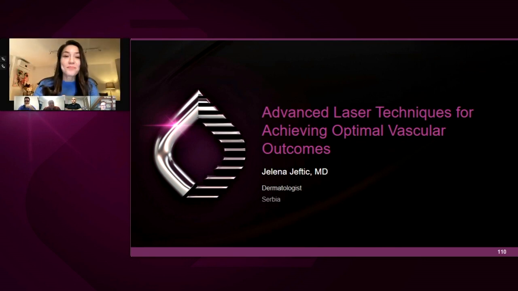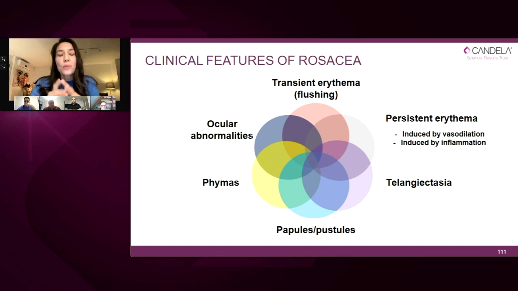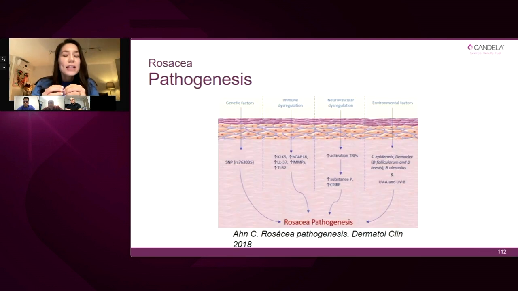So let's start from primary vascular lesions. As we know, rosacea is one of those types of primary vascular lesions, and these are some of the clinical features of rosacea. The pathogenesis of rosacea is multi-etiological, and it has many steps.